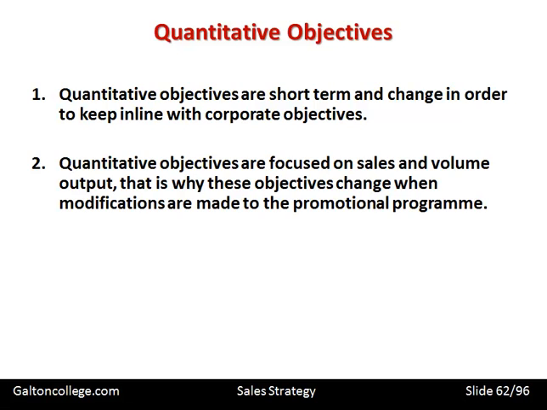So they may focus on sales and the volume of output, and why these objectives change when modifications are made to the promotional program. So if the company's selling a certain amount at the moment and then changes its price, so the quantity sold changes, there is perhaps a statistical relationship there.